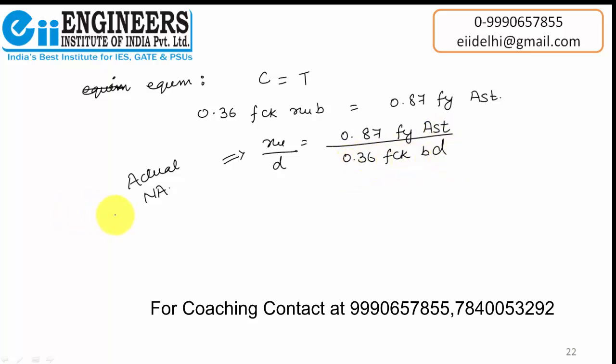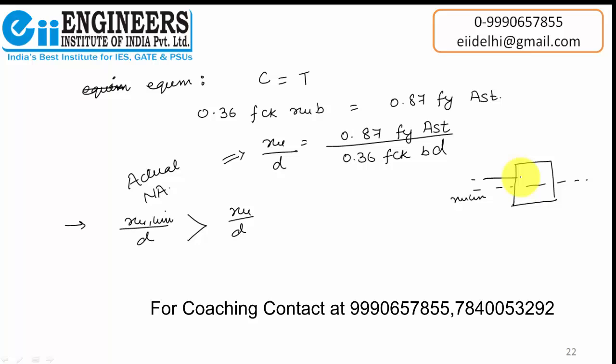Now by comparing these values, Xu limiting by d and Xu by d, we can classify our sections. Based on these values, we can classify our structure. If the Xu limiting value, that means the maximum neutral axis depth value, is greater than the actual value, that means if this is my structure, this is my Xu limiting, then my actual neutral axis will be above it.